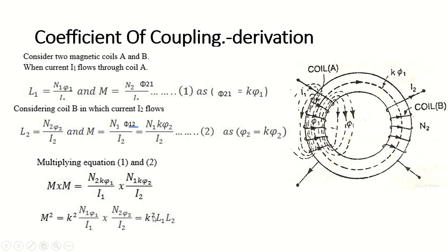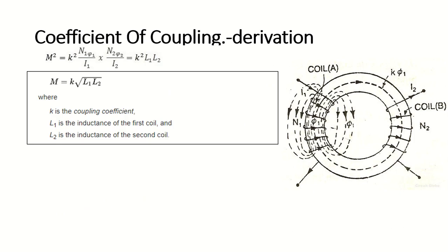That is K square into N1 phi1 by I1, which is L1, and N2 phi2 by I2, which is L2. So K square into L1 L2. So M square equals K square into L1 L2.